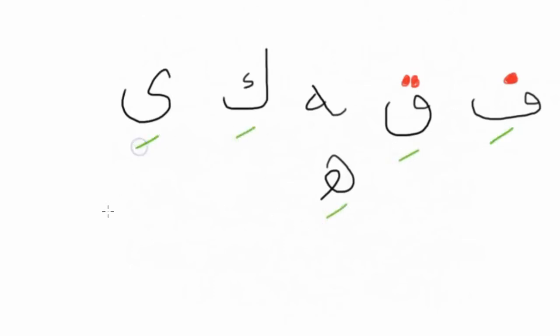Okay, now try this. Fi, qi, hi, ki, and yi. Remember to differentiate between the qa, qi, and ki. One is heavy, one is light.